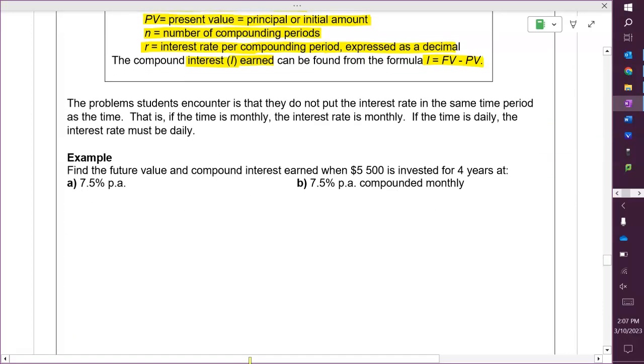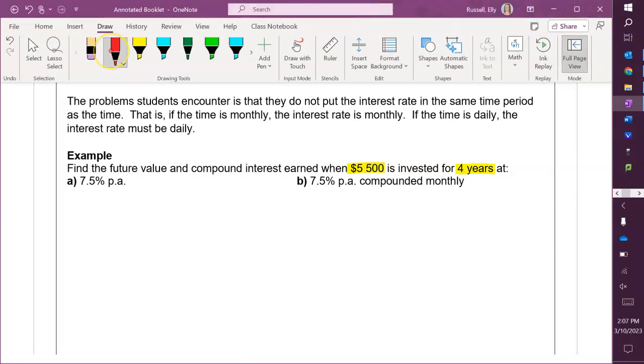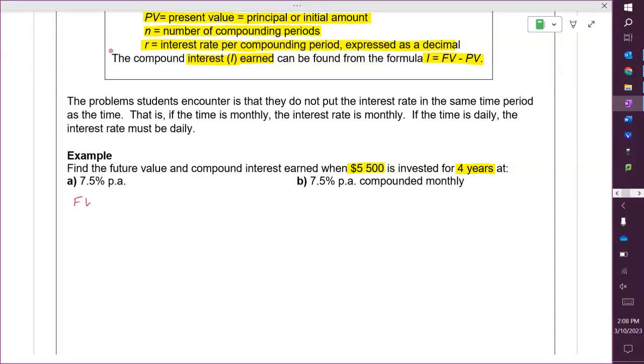So we've got our example here. Find the future value and compound interest earned when $5,500 is invested for 4 years. Now, the first part here is saying at 7.5% per annum. So we don't have to do any calculations. We're just going to use our formula. Okay, we write our formula out.